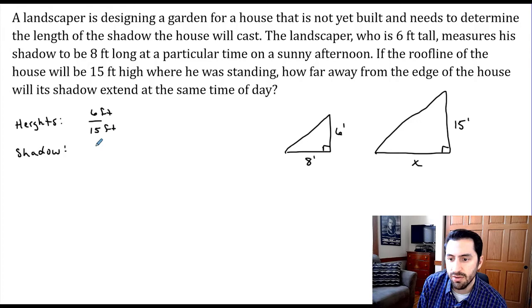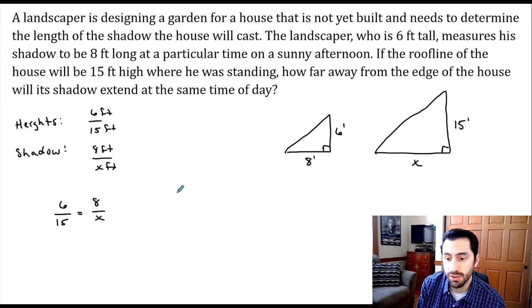So the shadow of the landscaper was 8 feet, and then the shadow of the house was x feet. So just being consistent in how I set those up. Setting them equal to each other, we have 6 over 15 is equal to 8 over x. So here's our proportion.